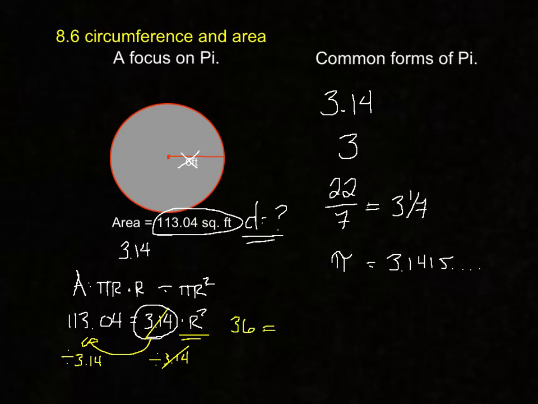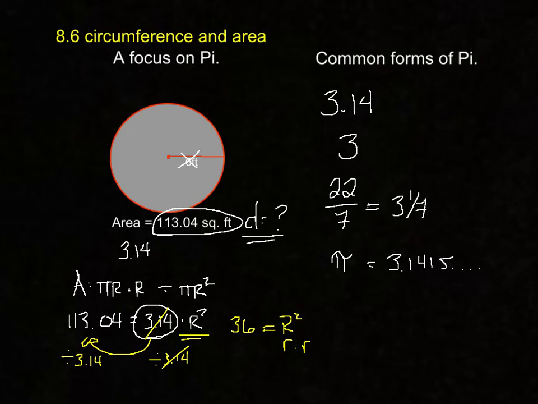equals r squared. Now to figure out what r is, we have to remember that this is not r times 2, this is r times r. So something times itself. If we ask ourselves, what times itself can equal 36? Another way of looking at this is, what's the square root of 36?